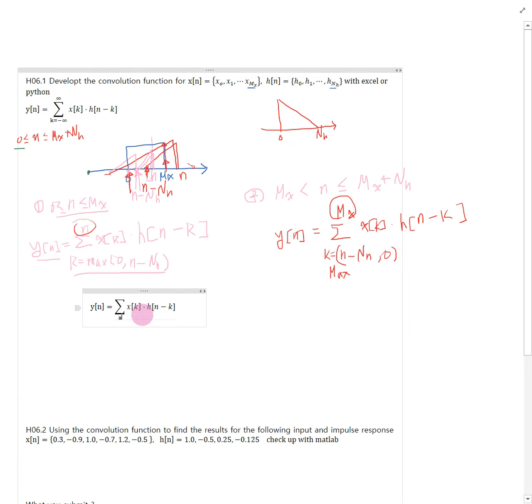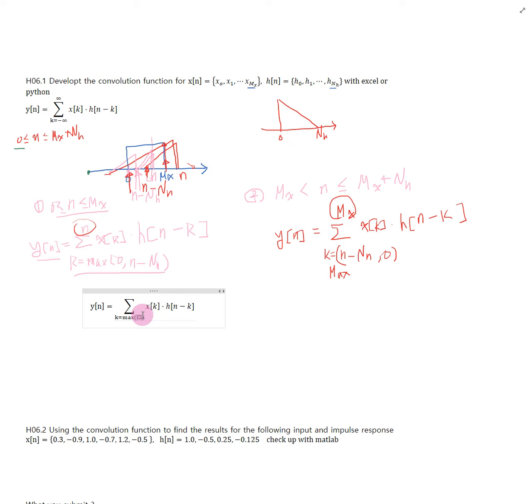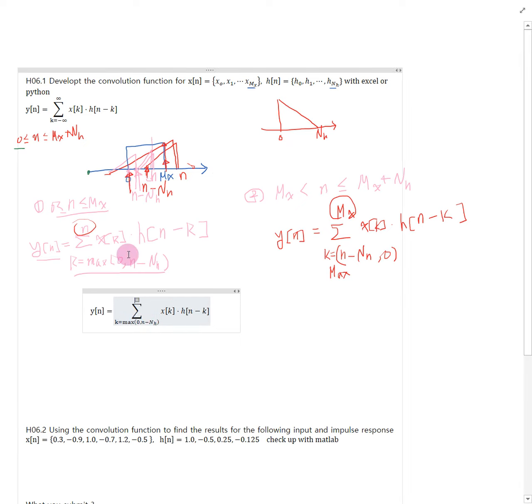The k will start at max over 0 and n minus nh, and the finish value is the minimum of n and mx. So we can choose n over mx.